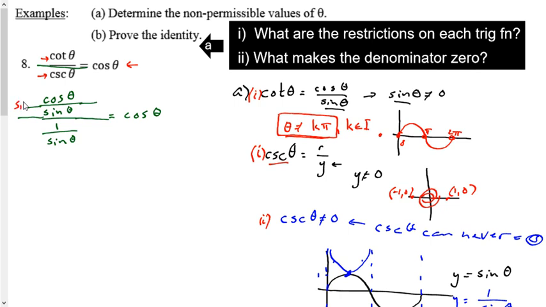Okay, I'm going to multiply top by sine theta and the bottom by sine theta. And by showing that much work, we should be able to, at our level of math, see that these sine thetas cancel out, those sine thetas cancel out, and I just get cos theta.